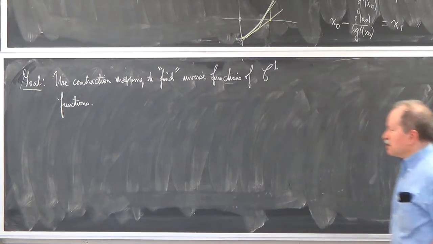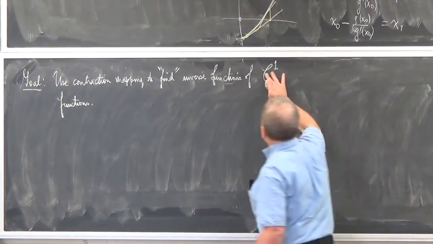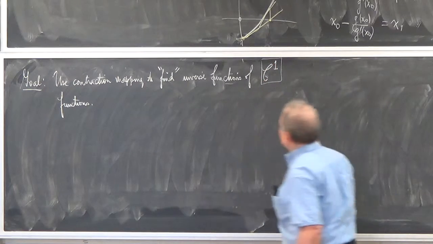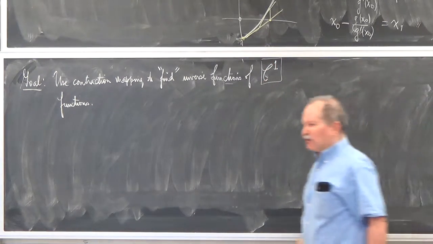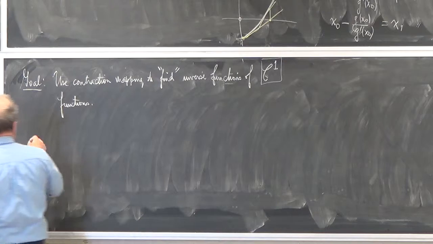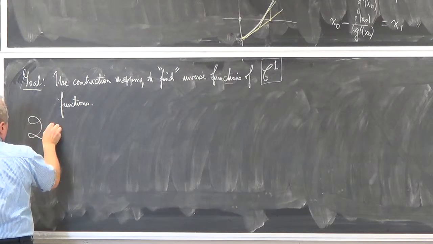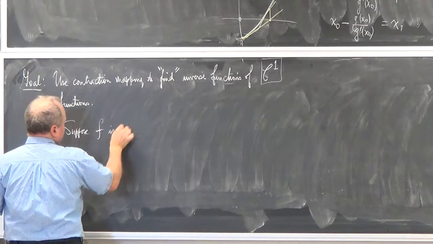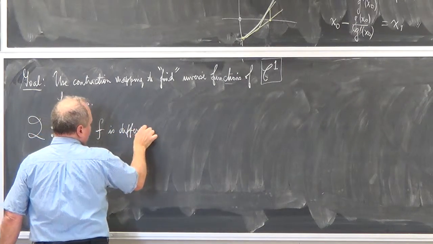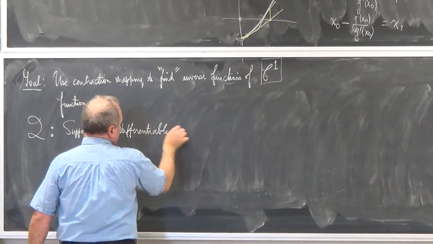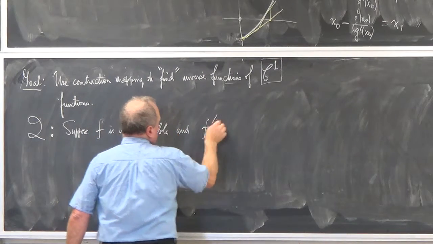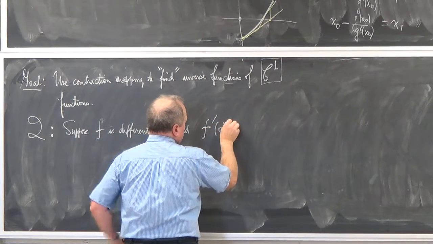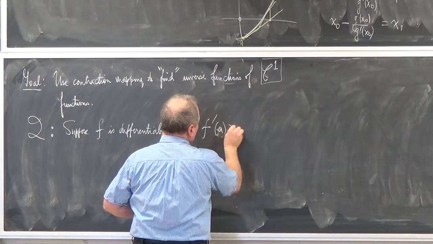So just to show you why the C1 is needed, let me pose a question for you to ponder briefly. Question: suppose f is differentiable and suppose the derivative at some point a is positive.